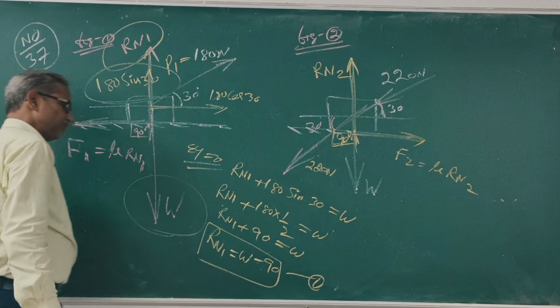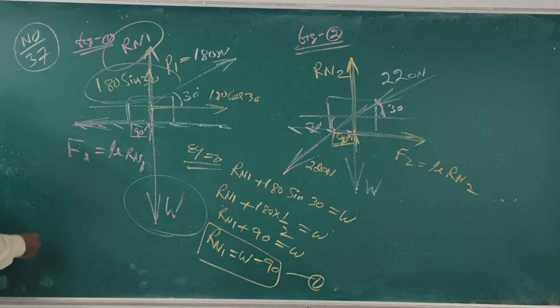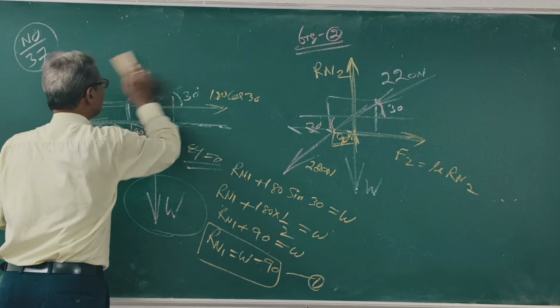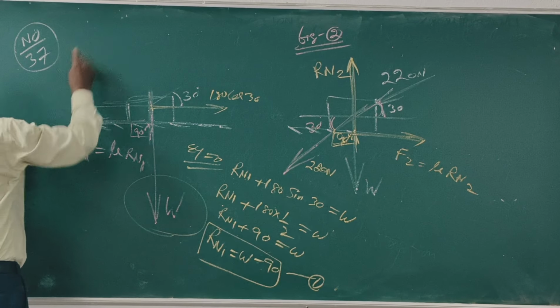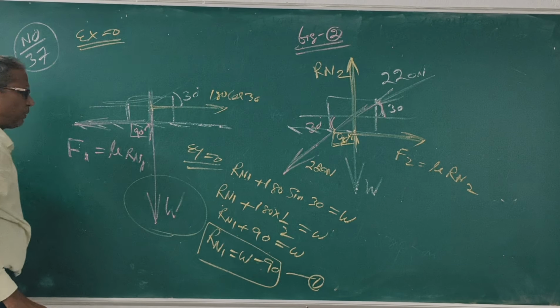Clear? Similarly, sigma x equals 0. What is sigma x? F1 is equal to 180 cos 30. Clear? F1 is equal to mu Rn1.